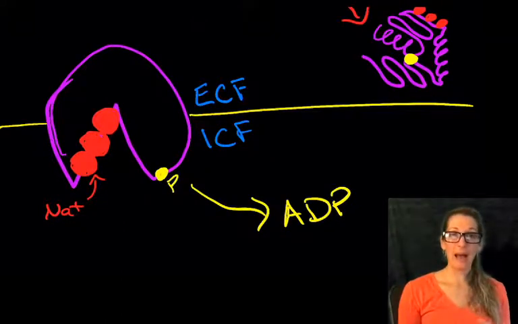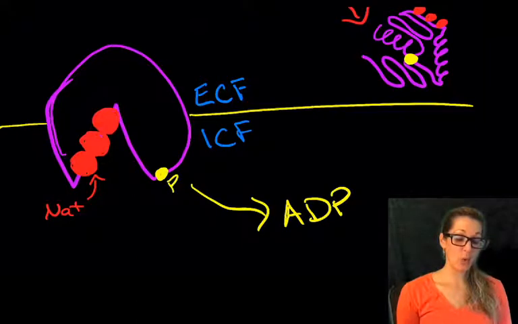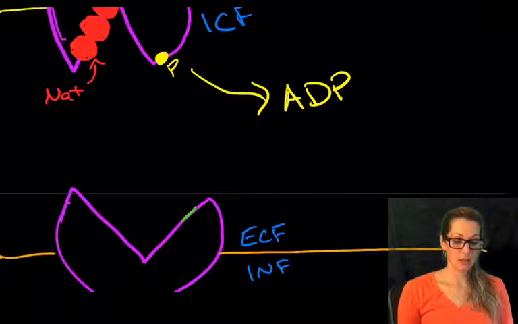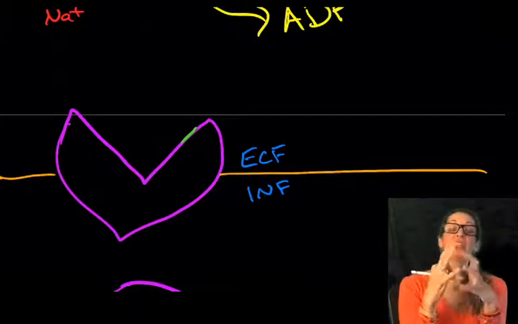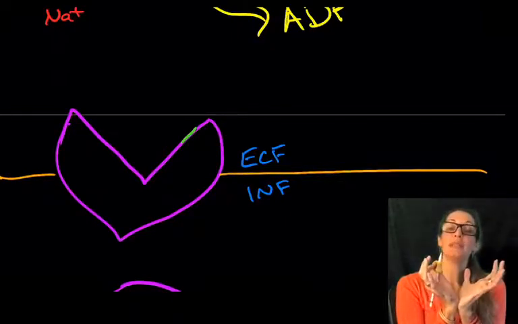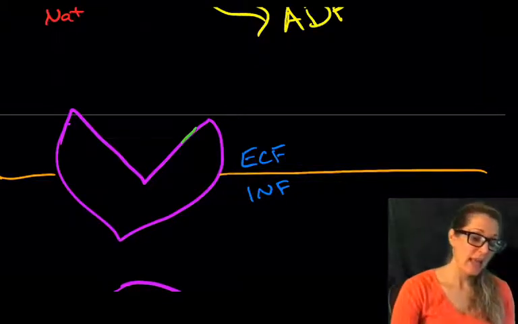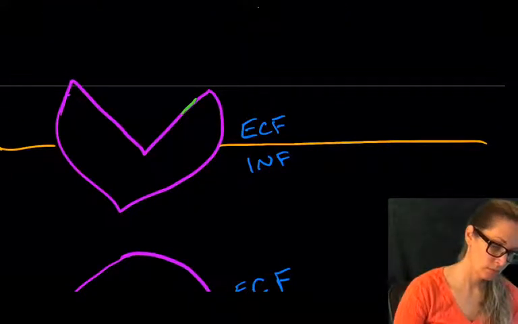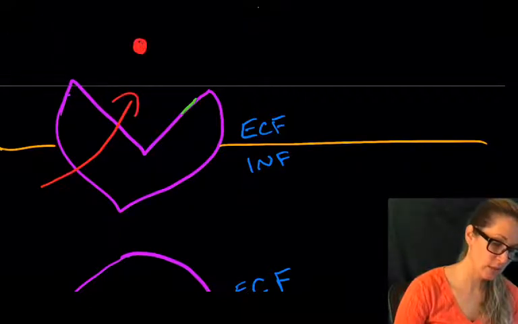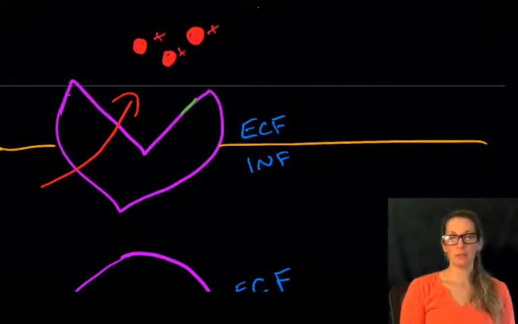Okay, so now what happens is that once again, our protein changes shape. In changing shape, it opens itself to the extracellular fluid, the extracellular environment, and in so doing, it releases its sodium into the extracellular environment.